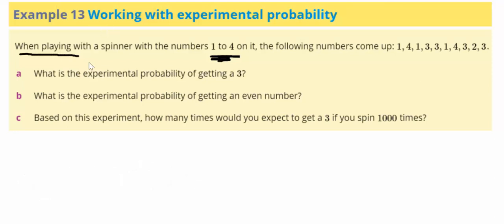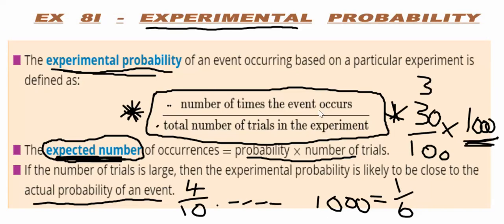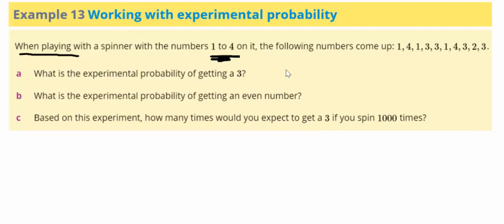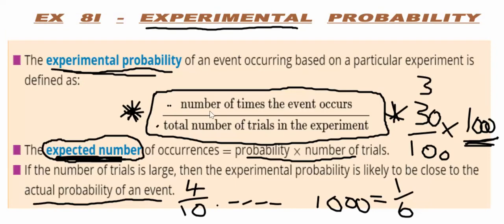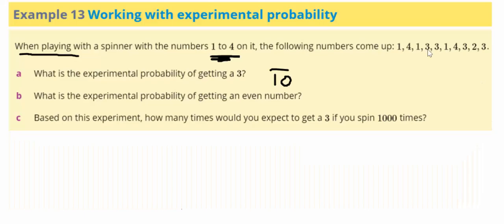Okay, hopefully you've had a go at these questions. Let's get into it. What's the experimental probability of getting a 3? Remembering that's our formula: number of times an event occurs over total number of trials. Straight away I know my bottom number is going to be 10, because we did 10 trials, we spun it 10 times.